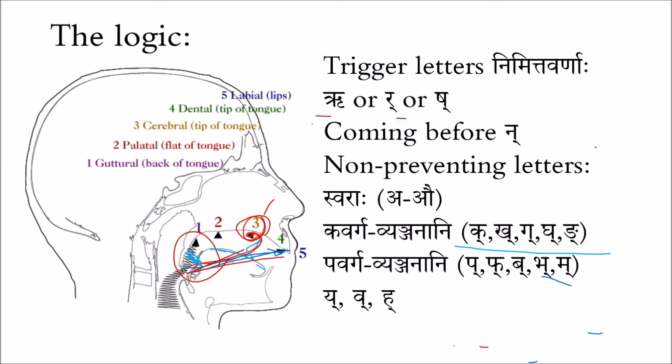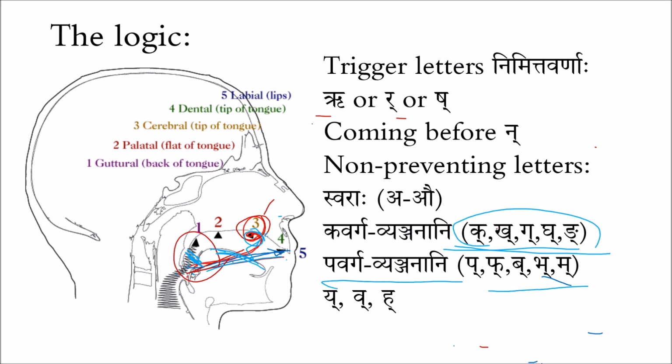Otherwise, the other part of the tongue is not affected. So we don't have to force the tip of the tongue to come here. It just stays there. That is why na can be easily pronounced as na here. If you force it to this position, it will be difficult for this line also, because these are kantha letters.